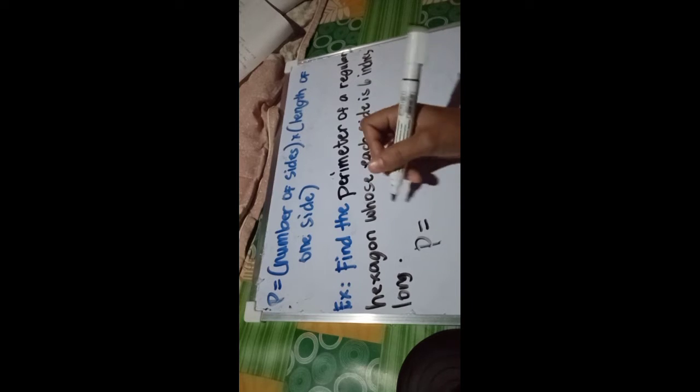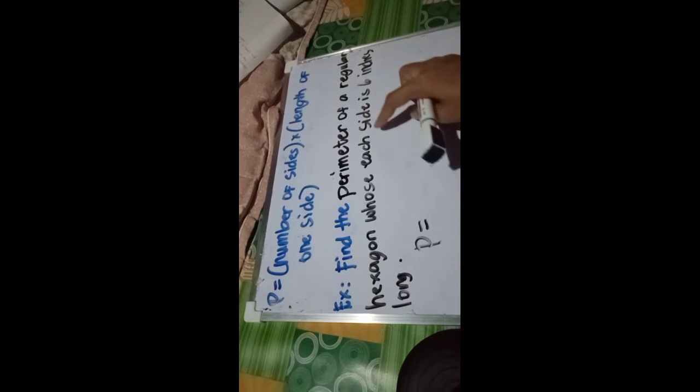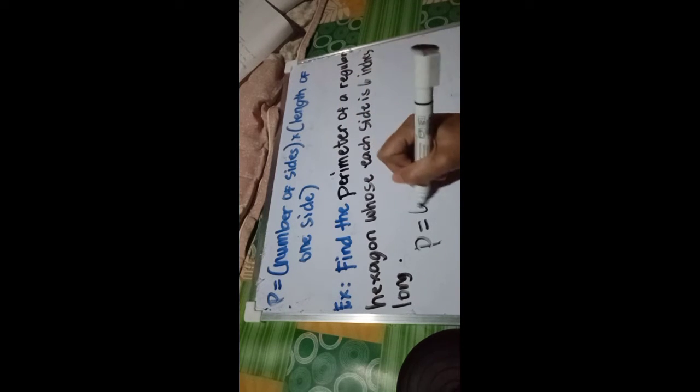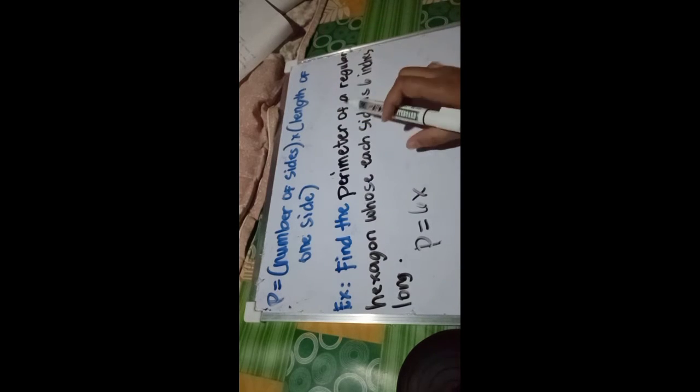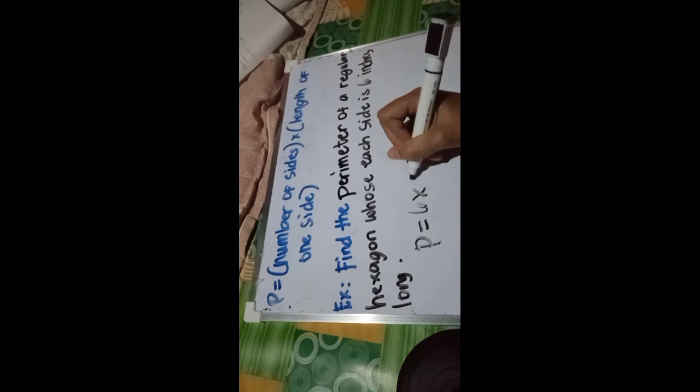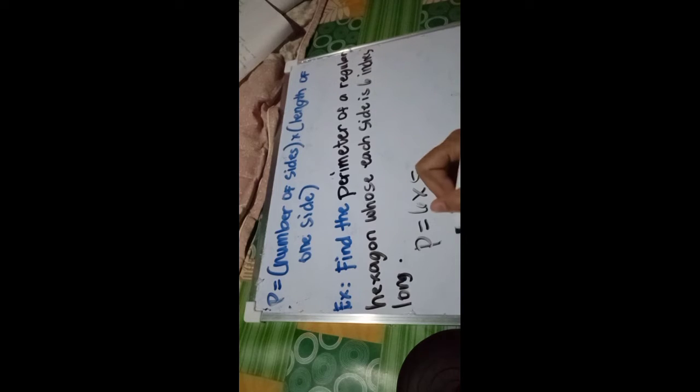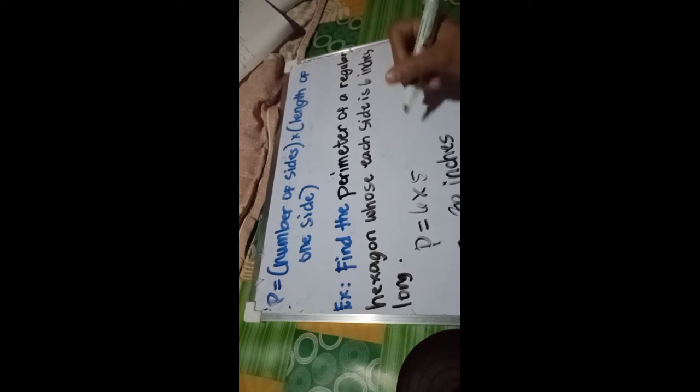The number of sides is 6, times the length of one side of the hexagon, that is 5. So the perimeter is 6 times 5 equals 30 inches. Therefore, the perimeter of the regular hexagon is 30 inches.